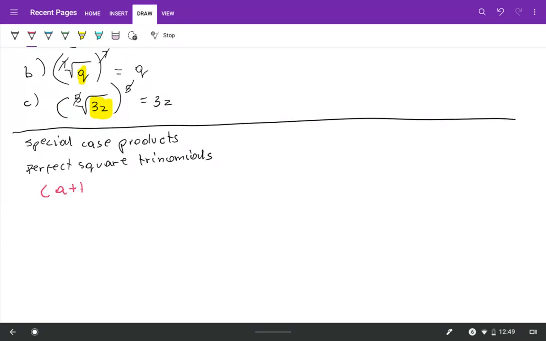So that's the format which you guys should know. A plus b squared, we call that the square of a sum, is equal to a squared plus 2ab plus b squared, and that's been proved. If you follow your a plus b times a plus b, that's what you will always end up with. So we call this the square of a sum.